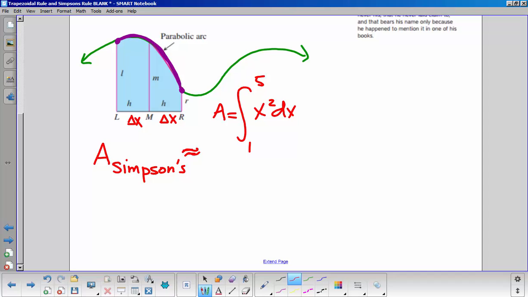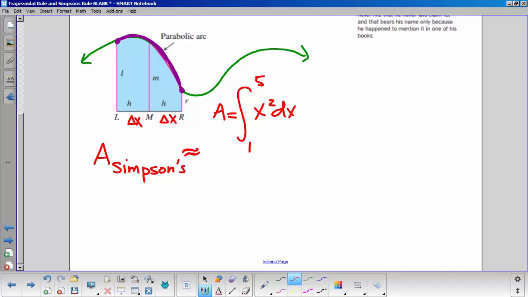We want to know the area under that curve. And with Simpson's method, now we're going to say x squared, we're going from 1 to 5. And how many intervals did we have? We had 4. And that's an even number, so we can do that. And you press enter, and it's going to draw it for us. Let's see. There it is.